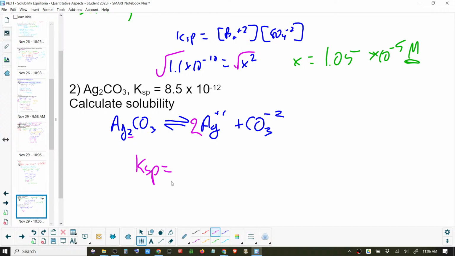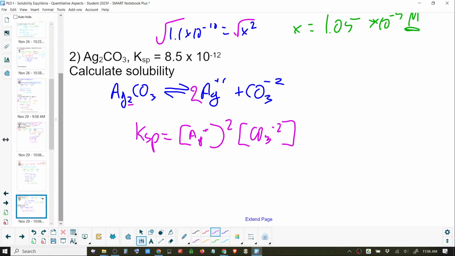No, just do the generic equation. Like from this, what's the equation? Square bracket Ag square bracket to the power 2, square bracket CO3 square bracket. Oh, the charge. Yep. Charge is negative 2.